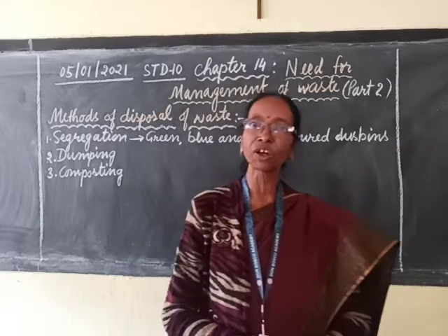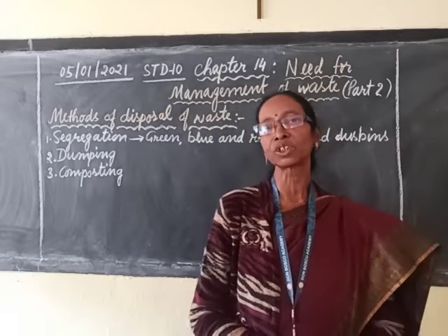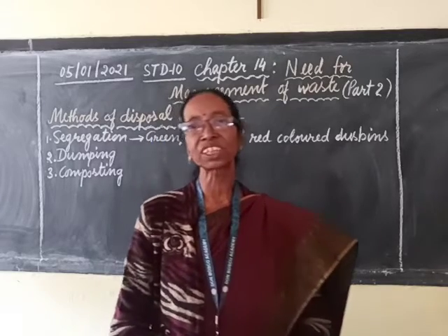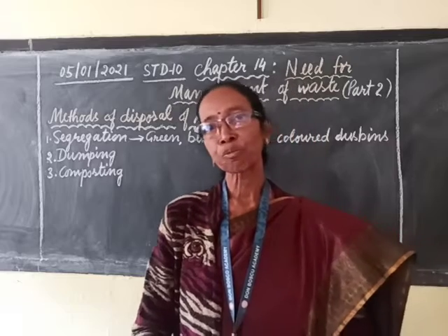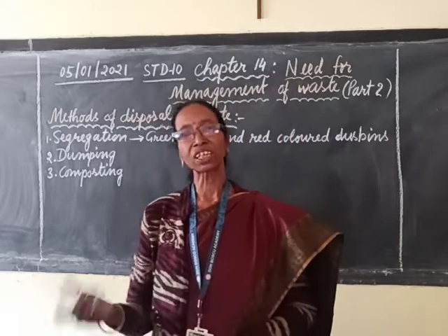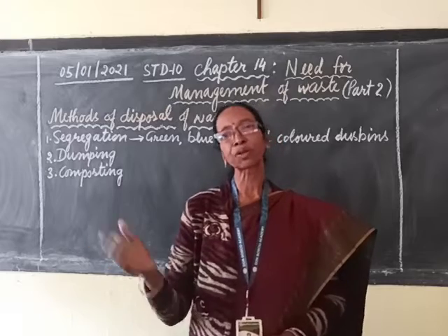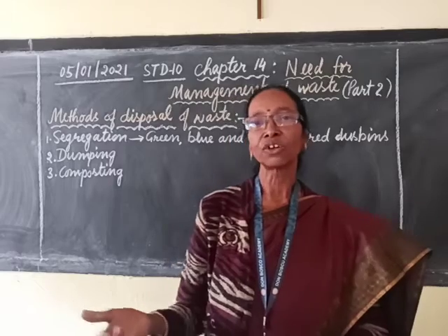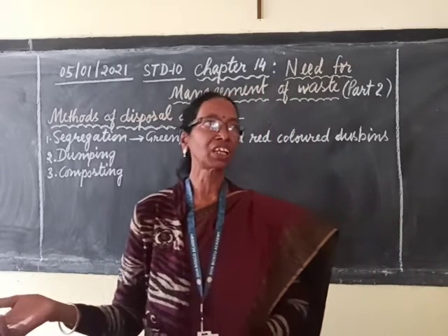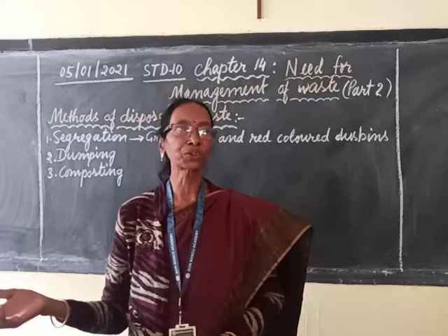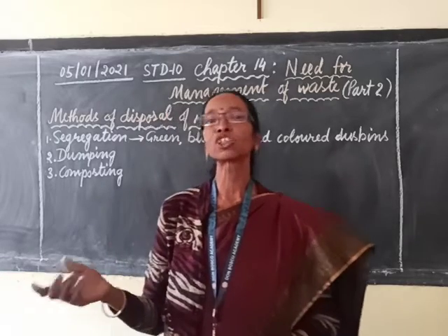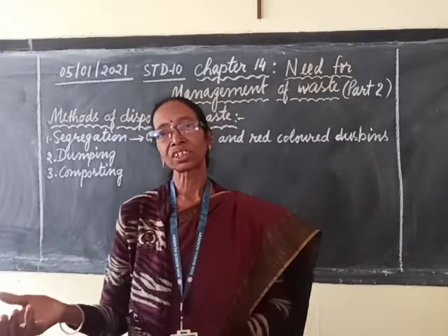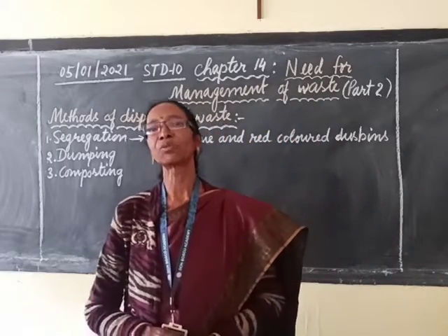Nowadays vermicomposting is becoming popular because the biodegradable waste which comes from agricultural areas and also domestic animals, like cow dung, is filled in the landfill and decomposed with the help of earthworms and changed into manure. This type of composting is known as vermicomposting.